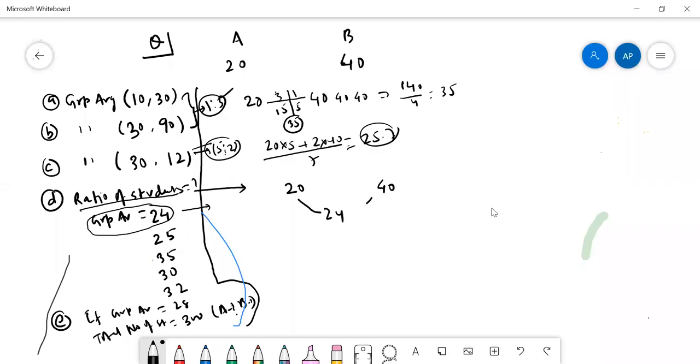So what I said to you is like the distance, 24 और 20 का जो डिस्टेंस है वो 4 का है, और 24 और 40 का जो है वो 16 का है। तो इनका रेशियो जो होगा वो ये इसको रिप्रेजेंट करेगा और ये इसको रिप्रेजेंट करेगा, 16:4, which is 4:1. And I'll explain the same thing in other way also. Let me explain you.